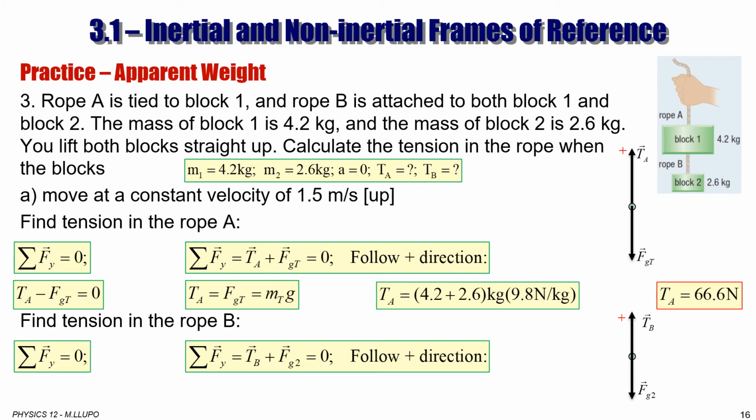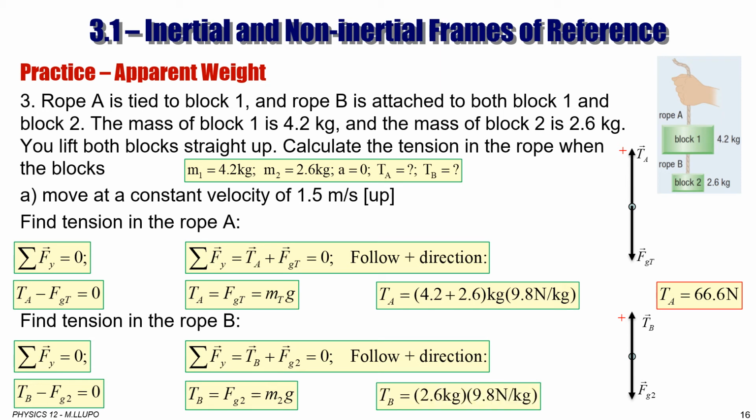We choose the positive direction up. And then TB minus Fg2 is equal to 0. So tension on rope B is equal to Fg2 is equal to m2 g. And we can plug those numbers in that equation and we get tension at B is equal to 25.5 Newton.